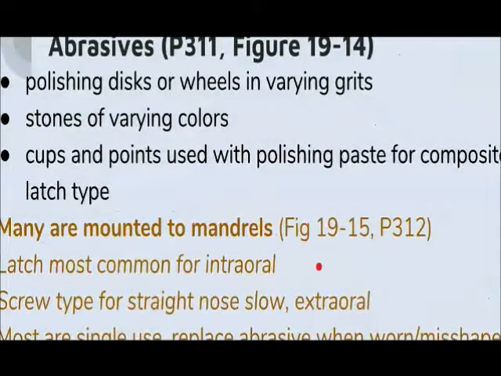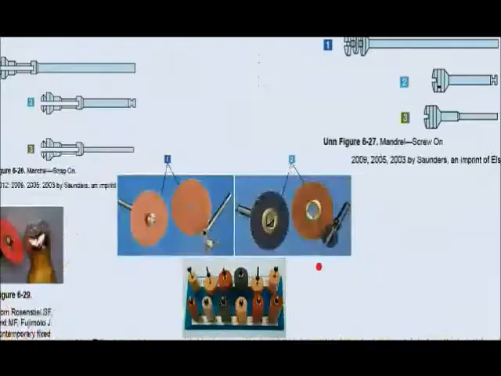Some abrasives that we use to polish our aesthetic materials, like composites and porcelains, look like this, and they're almost always little sandpaper discs that are held on by a mandrel. A mandrel is the attachment that's going to go into the handpiece, and then a disc can be placed on it.